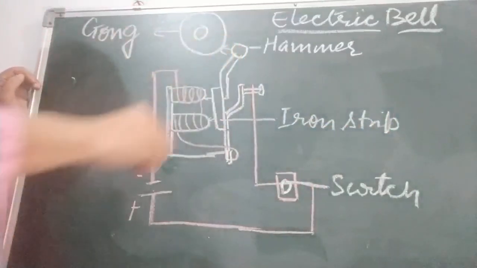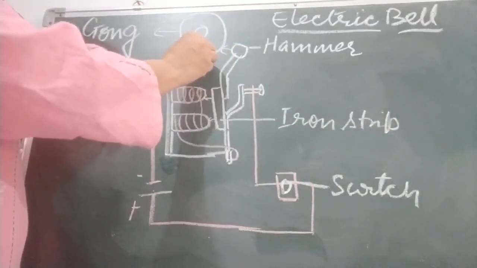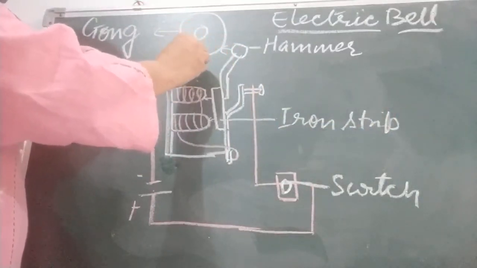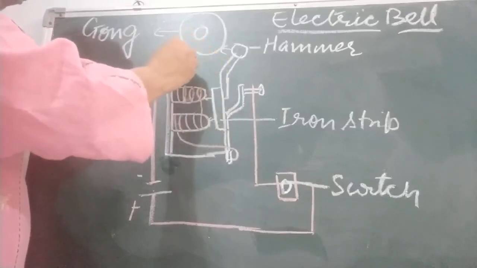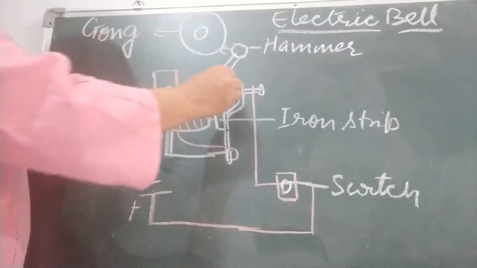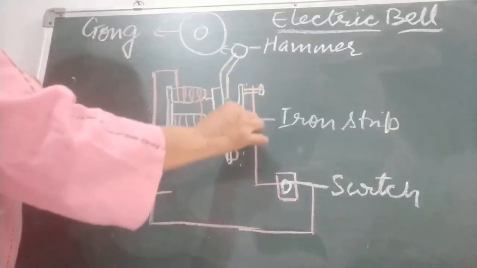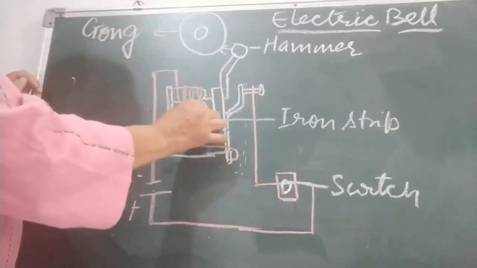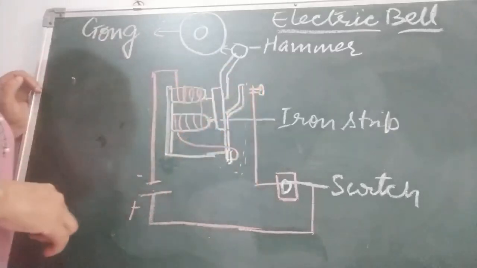The hammer attached to the strip then hits the gong, making it ring. When the soft iron strip gets attracted to the electromagnet, it no longer touches. When it is going this side, what happened? It is now no more in touch with the screw.